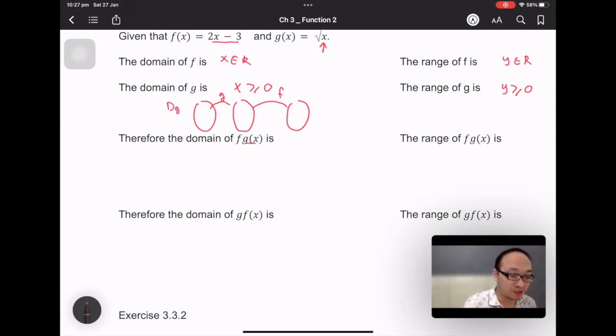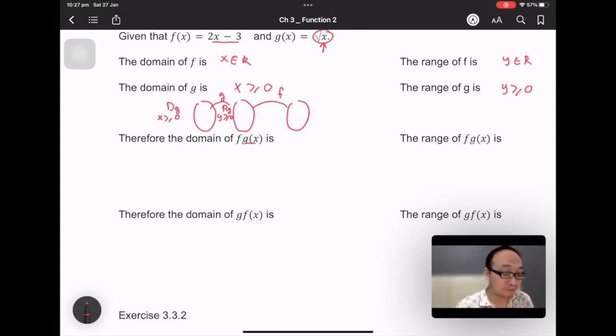So it's x greater than or equal to 0. Then it's continued through the function g, and we result in the range of g, which is y greater than or equal to 0.